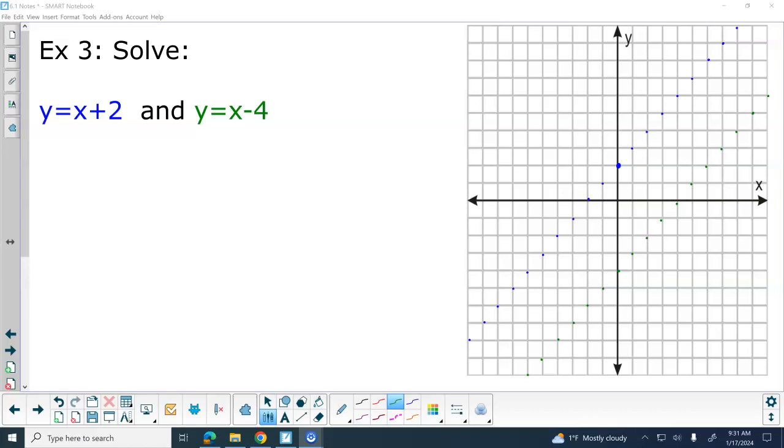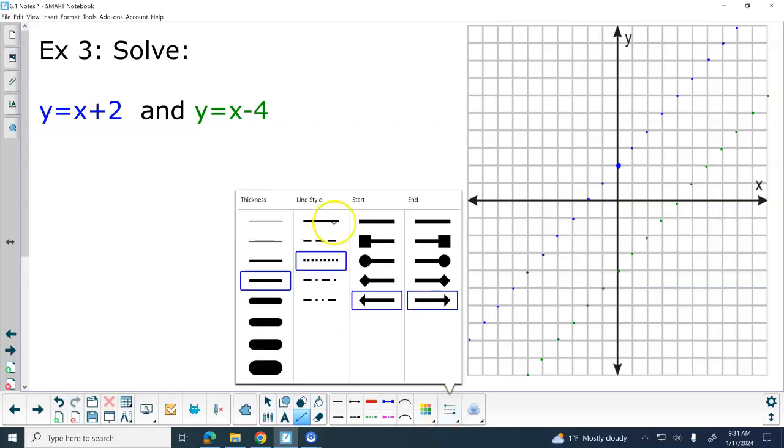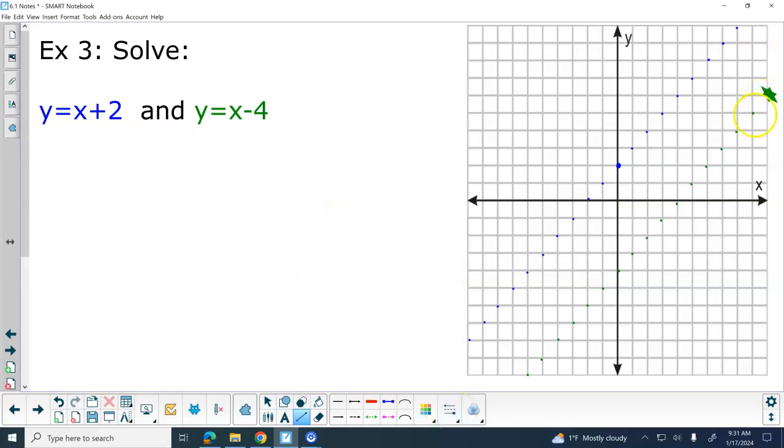So what I did on this one is I plotted the points for the lines. Okay? I have seen in the past people give me that as a graph. Okay? That's not graphing lines. That's plotting points is what that is. Okay? You still need to, even if you know after you get done plotting them that those lines are parallel, because they are, even after that, you still have to come back and connect those dots.